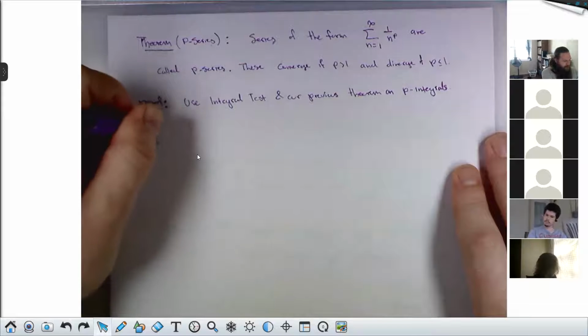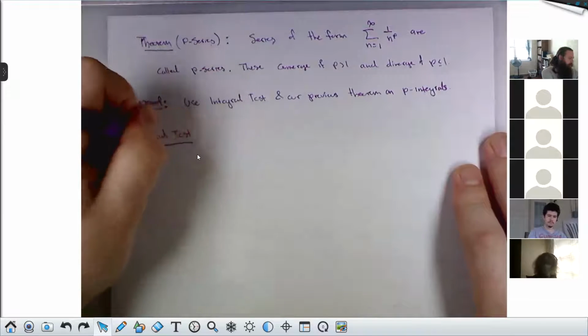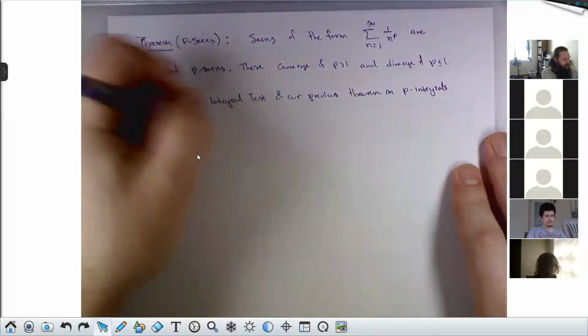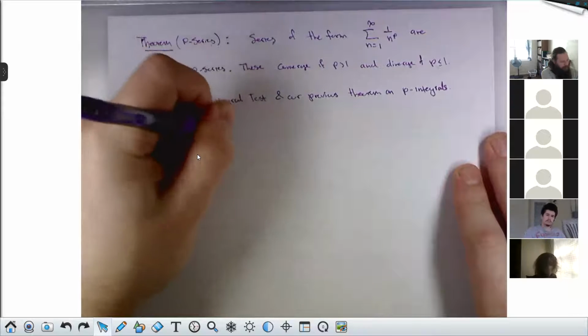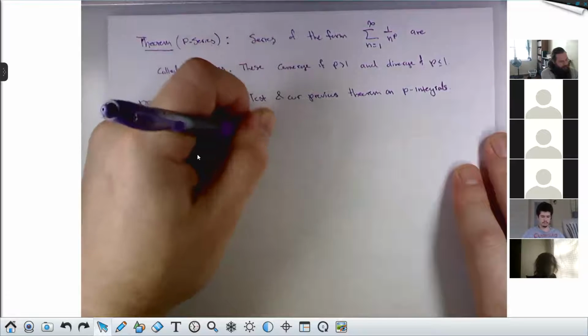So the integral test: here the corresponding function f of x would be 1 over x to the p.